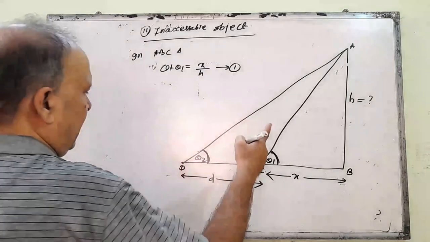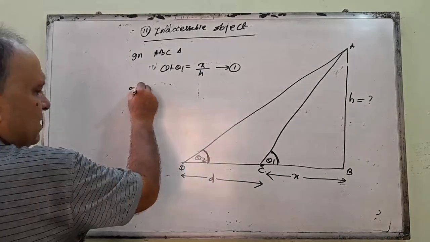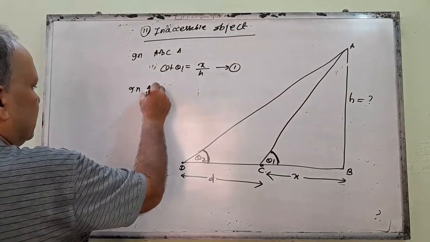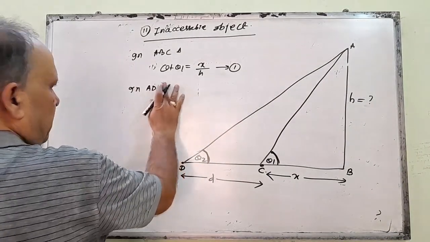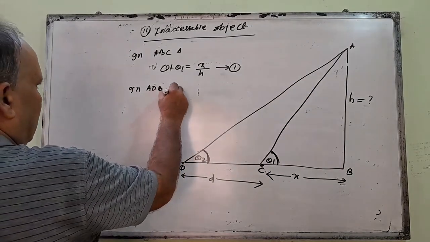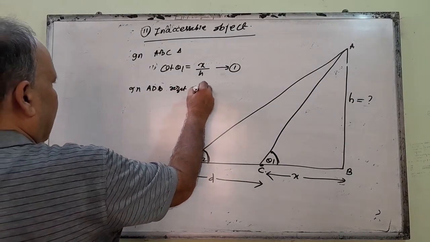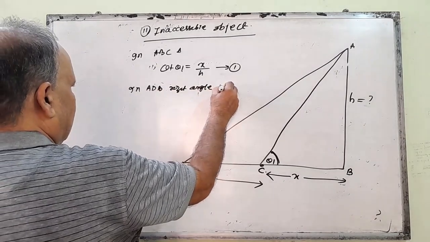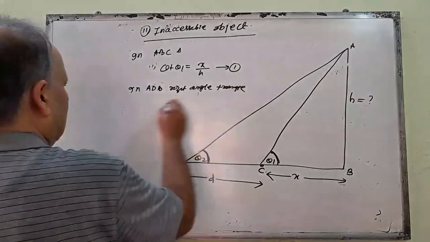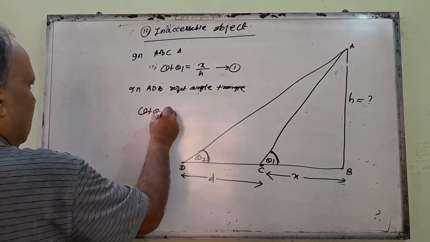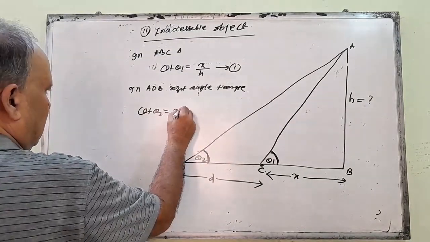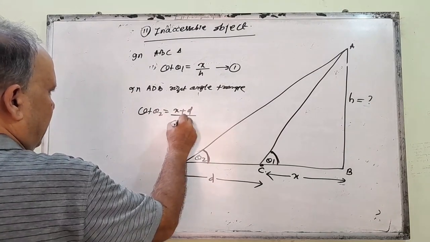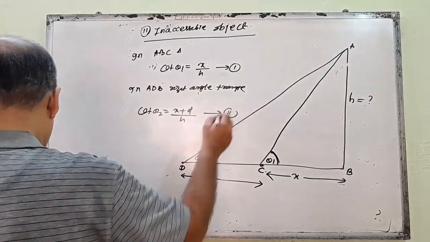This is equation 1. In right angle triangle ADB, your cot theta 2 is what? x plus d by h. This is equation 2.